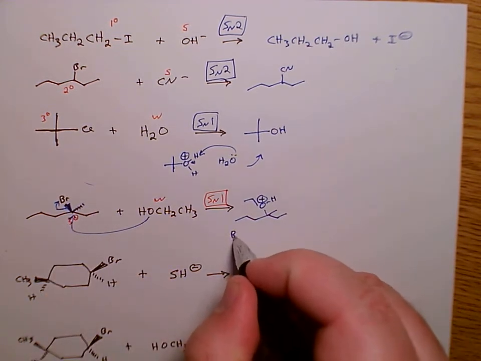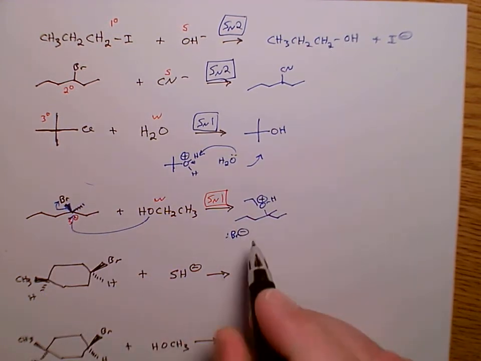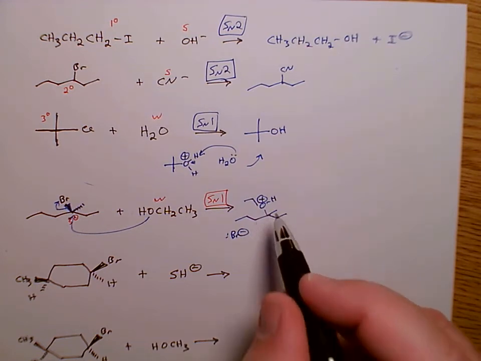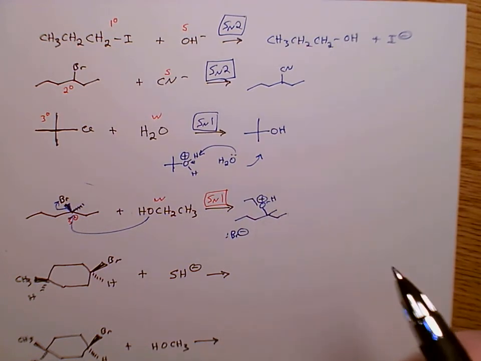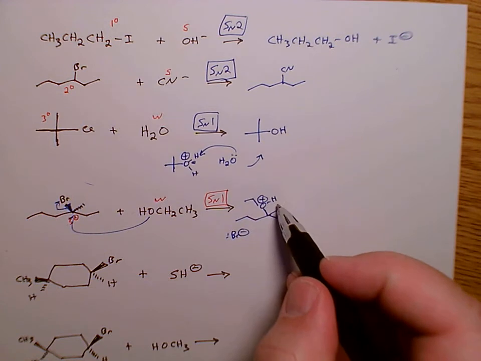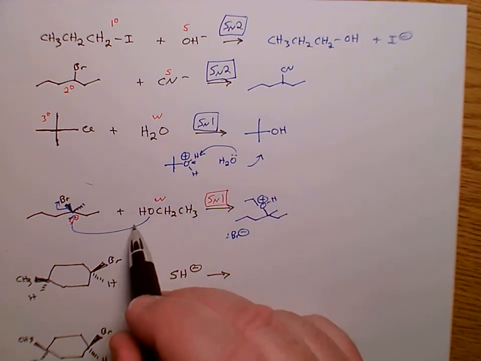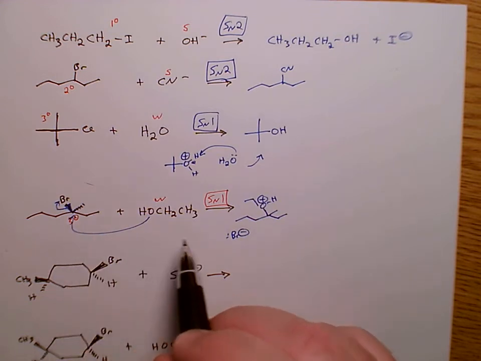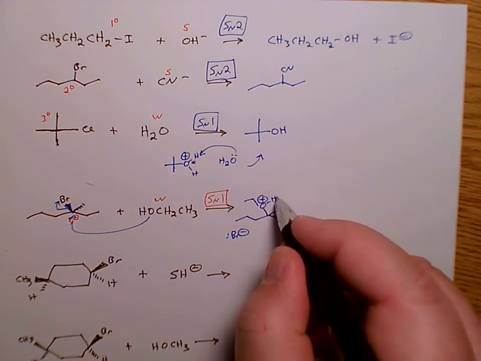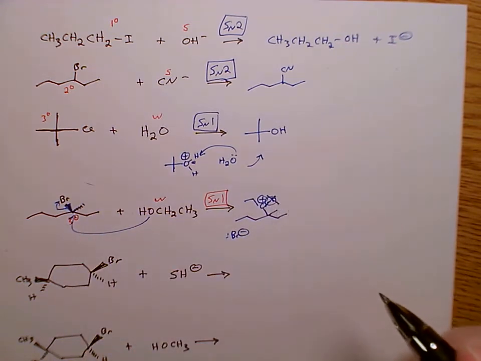Recall bromine left as bromide ion, negative charge, which means our other product here, our organic product, has to have a positive charge. And it's got a hydrogen, so we're going to get deprotonation there. And so our final product will not have this hydrogen on it because we'll get deprotonation.